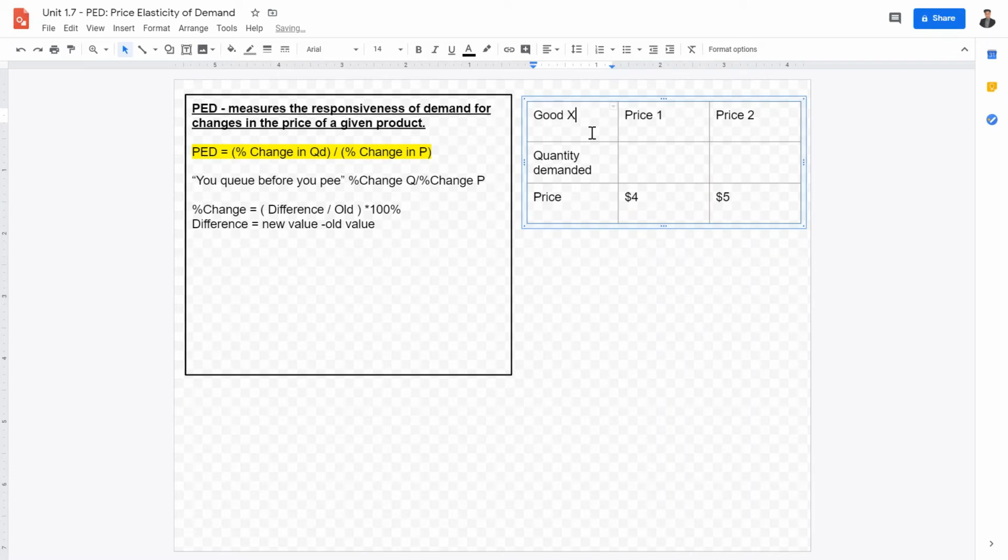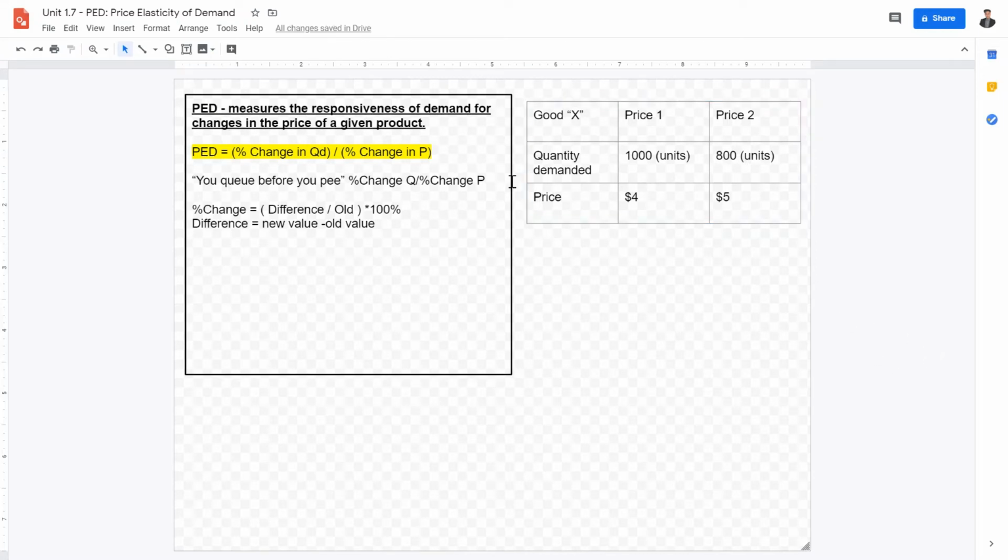Let's say the quantity demanded originally for good X at the price of $4 is 1,000 units. At the price of $5, people only desire to consume 800 units.